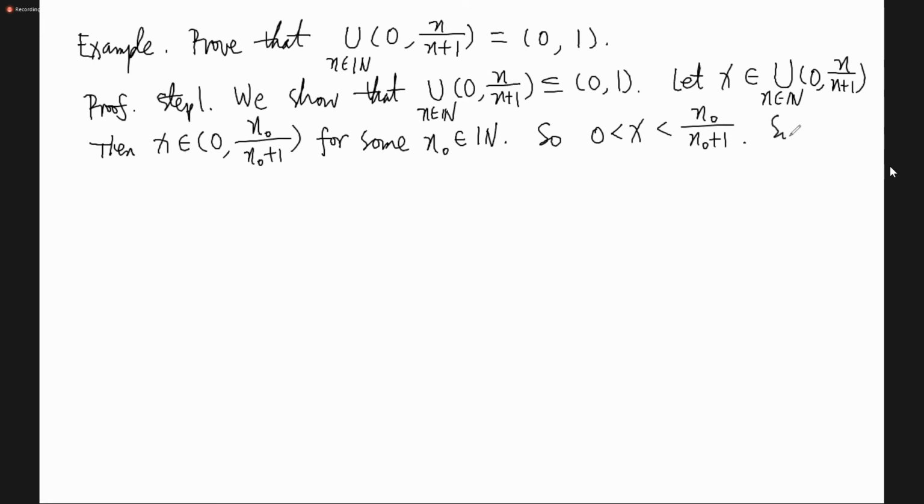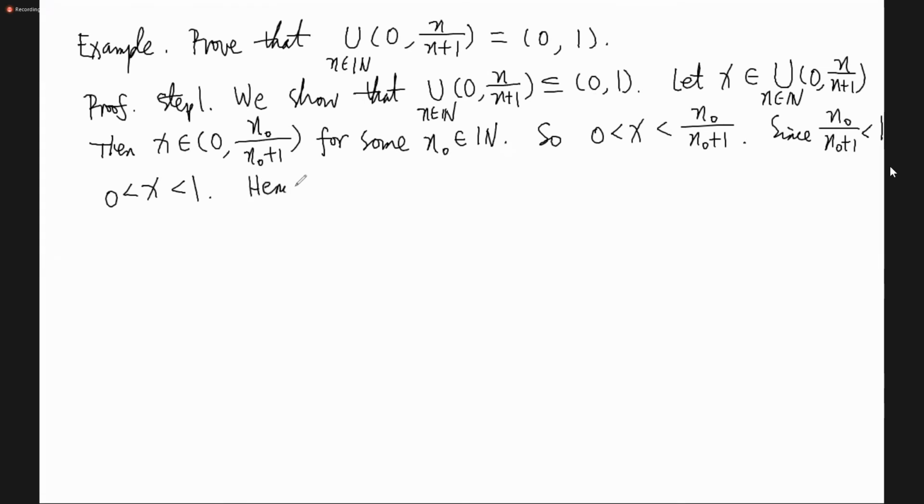But since n0 over n0 plus 1 is less than 1, what we have is actually x is greater than 0 and less than 1.